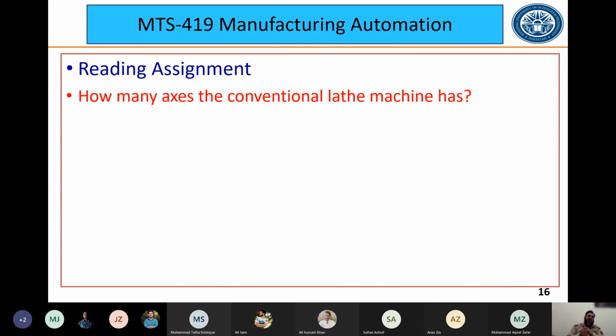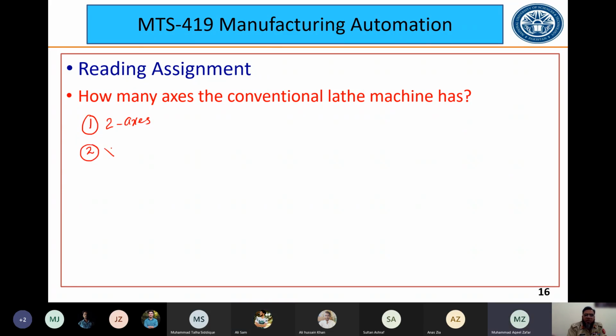Let us move forward. This is just a reading assignment: how many axes would the conventional lathe machine have? We have already discussed its answer. Can somebody let me know how many axes the conventional lathe machine would have? Sir, three maybe. Two. 2 axes. Okay, which ones?